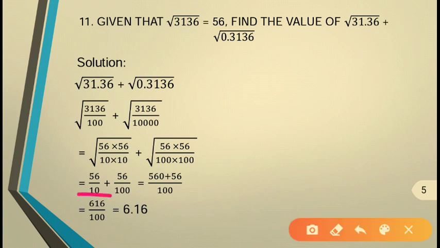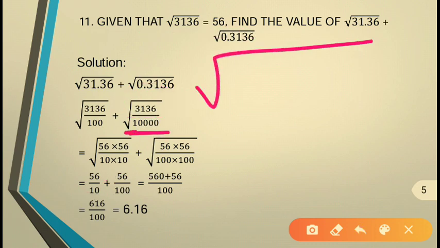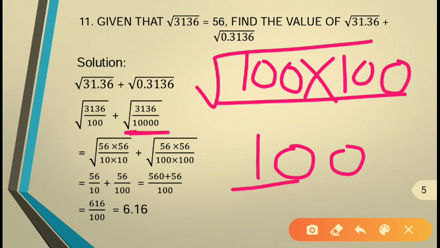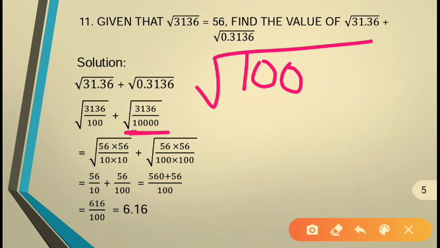Clear? In the same way here also 3136 means this can be written as 56 only because it is also given in your question. Now what about the denominator? Denominator can be written as 100 into 100. This is the one pair, means in the denominator you can write only 100. Now take the LCM and just add them.